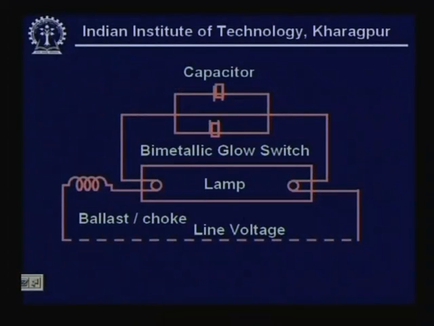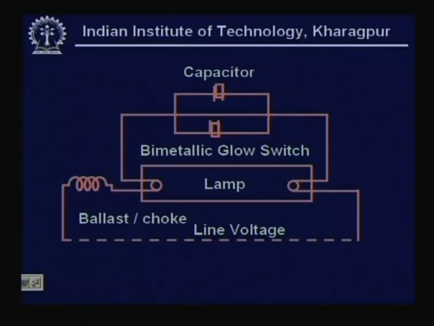In fact, initially the current flows through the choke, the left electrode, and through that bimetallic switch, which is also known as a glow switch, to the other electrode, and thereby heats the two cathodes, the two electrodes at each end, and creates the vaporization. Since it is a bimetallic switch, with the passage of current it heats, and there is a differential expansion between the two metallic elements, and the switch opens, and as a result a transient is created.